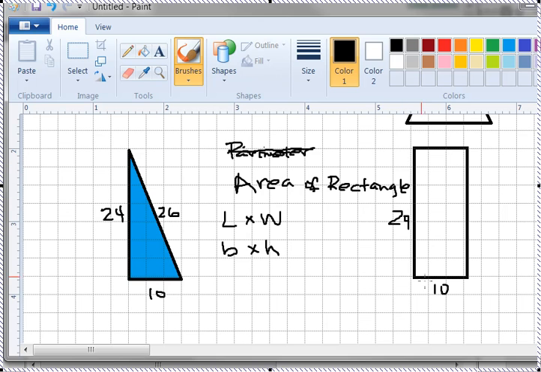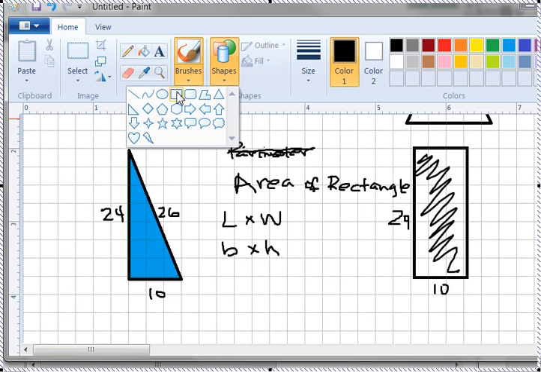I have it as base times height because I've got more of a vertical deal going on here. Now, that's fine and dandy, but I wasn't asking for the area of this rectangle. I was asking for the area of this triangle. Yes, that's true.